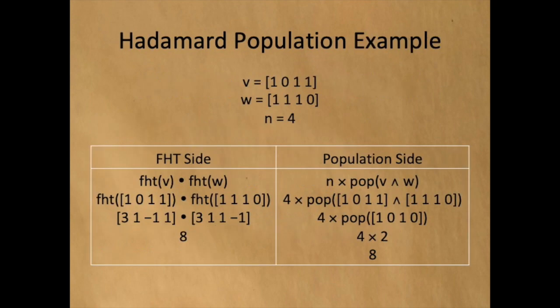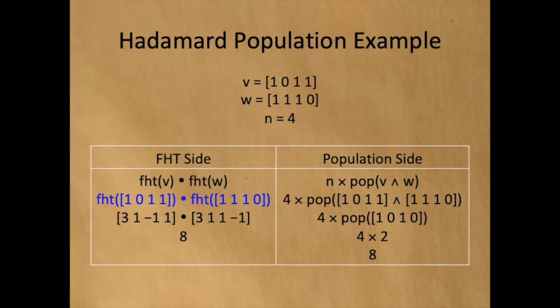Here's an example. Let's say that v is the vector 1, 0, 1, 1, and w is the vector 1, 1, 1, 0. In this case, the length of both vectors is 4. On the fast Hadamard transform side, we have the fast Hadamard transform of v dot product the fast Hadamard transform of w.